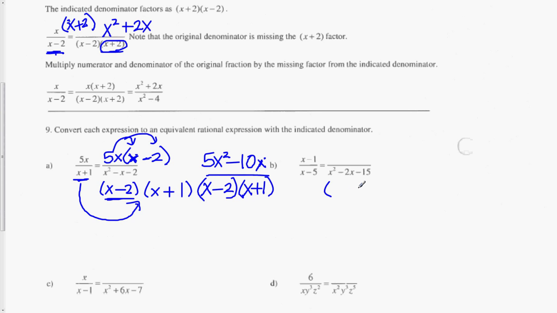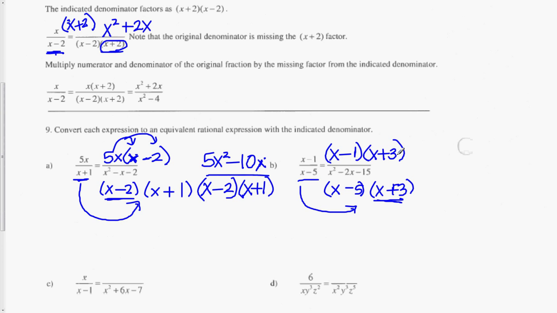So on this next one, when I factor x squared minus 2x minus 15, the factors of negative 15 that add up to a negative 2 would be negative 5, positive 3. Okay, from the x minus 5 to my new denominator, I'm missing the x plus 3. So then x minus 1 has to get multiplied times x plus 3.